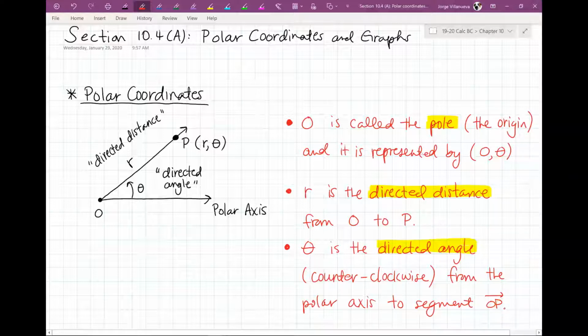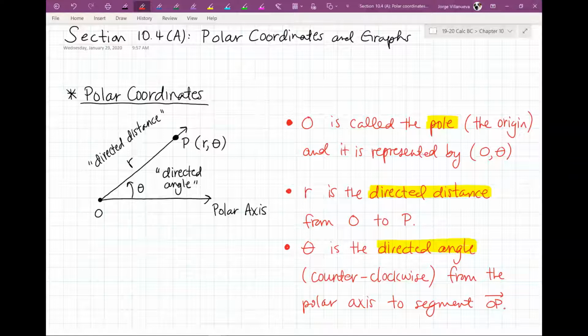So you basically go to the terminal side. I don't know if you guys remember doing terminal angles, to figure out where it terminated. We would go to the line that created the end of the angle, so we call it the terminal angle. The same thing with this right here. Theta is a directed angle, counterclockwise, from the polar axis to segment OP.